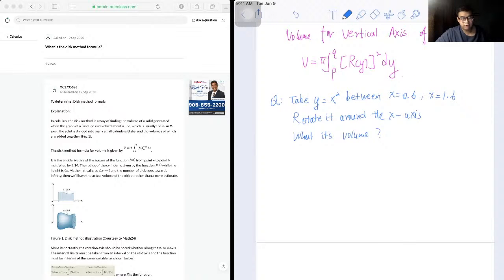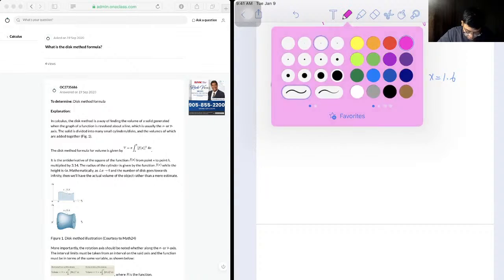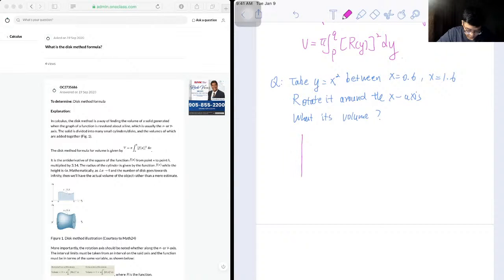Question like this, the first thing I suggest is draw a diagram, for better understanding what the question is illustrating for us to solve the problem. So let's draw a graph of this. So that's 0.6 and 1.6, and that's y.